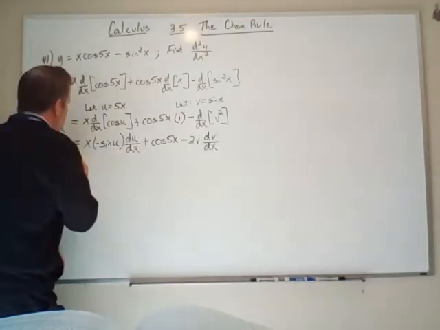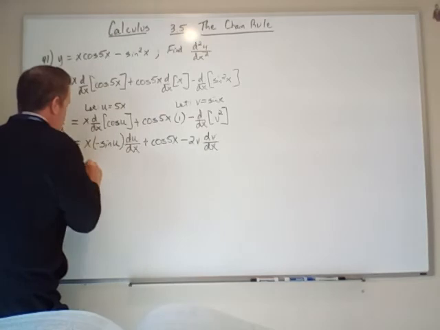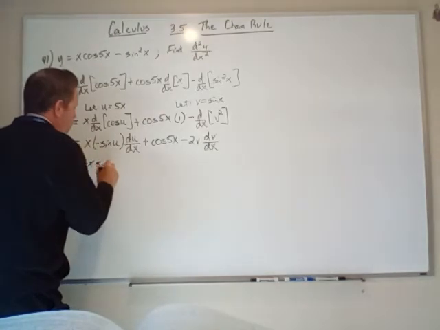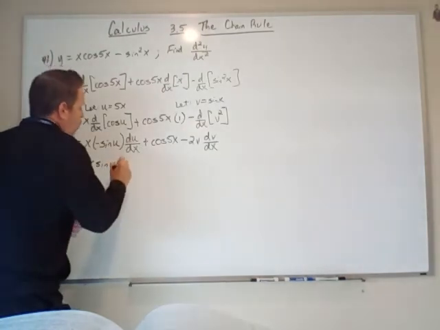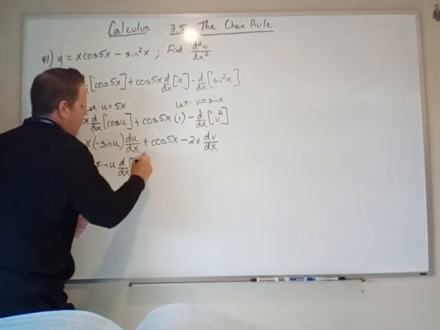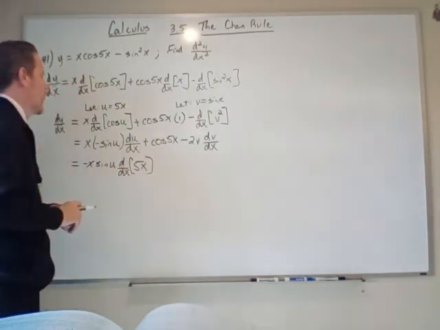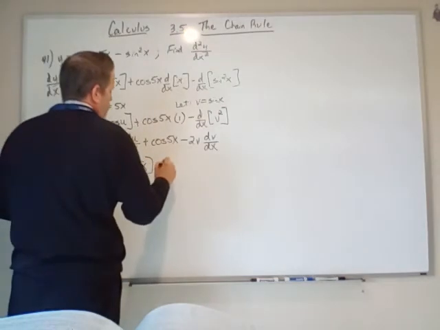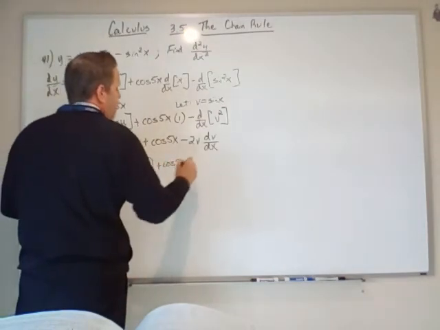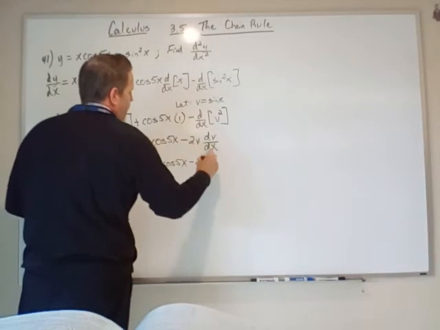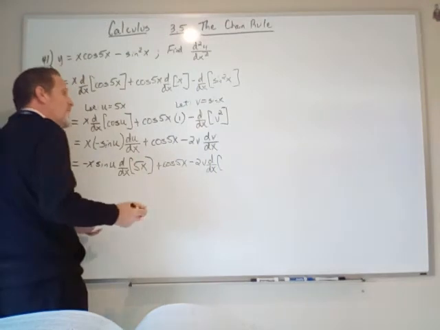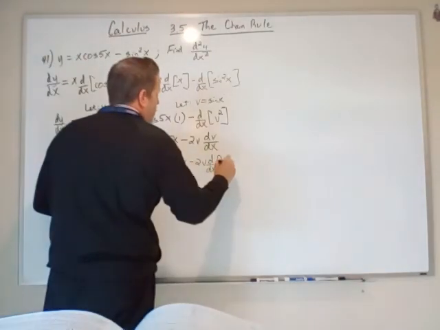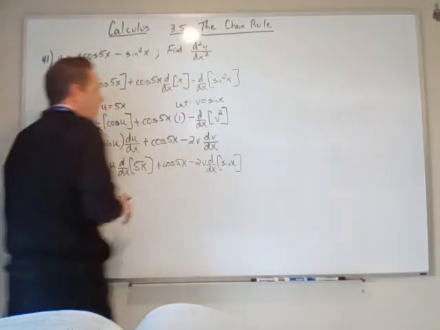Now, I've got opposite x sine u times the derivative of u with respect to x. What was u? u was 5x from the let statement, plus cosine 5x minus 2v times the derivative of v with respect to x. What was v? v was the sine of x.